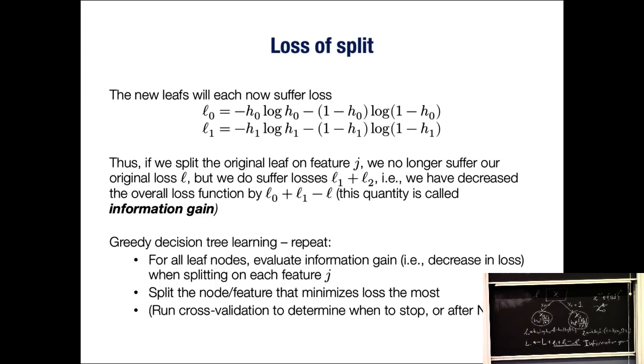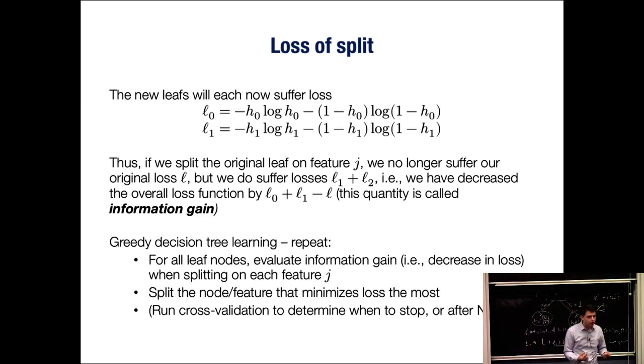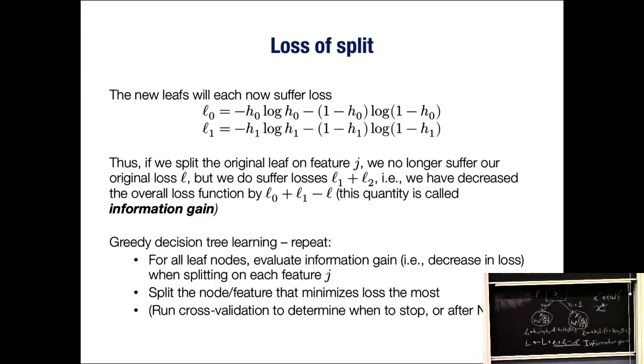So the decision tree learning algorithm is just the following. For all the nodes that are leaves, and for all the features of the tree, I'm going to evaluate what my change in loss function would be if I were to split that node on this feature.